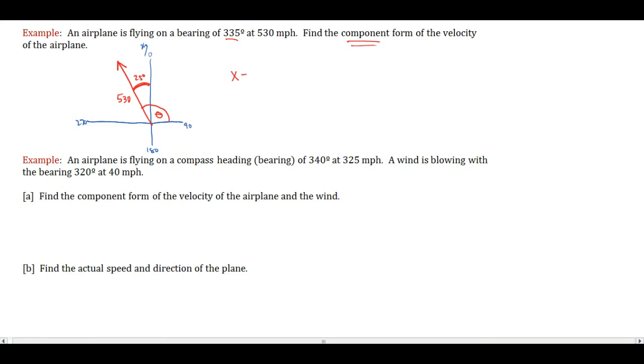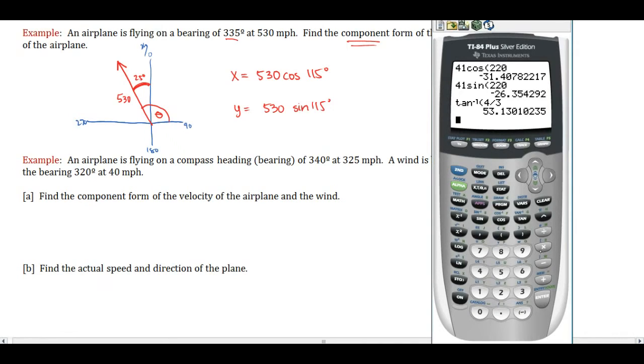Our x-coordinate would be r cosine theta, or 530 cosine, was that 115? And our y value would be 530 sine 115. And now you can just go ahead and grab your calculator and have it do all the work for you. So 530 cosine 115 and also 530 sine 115.